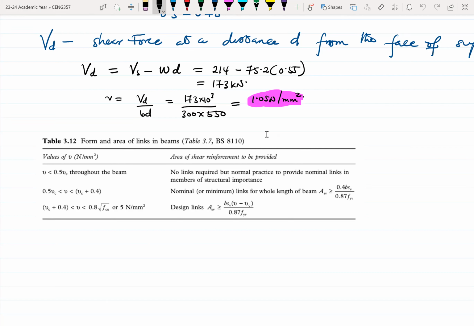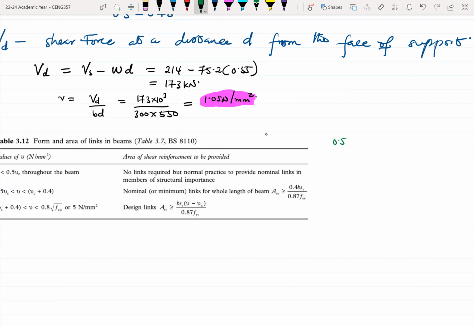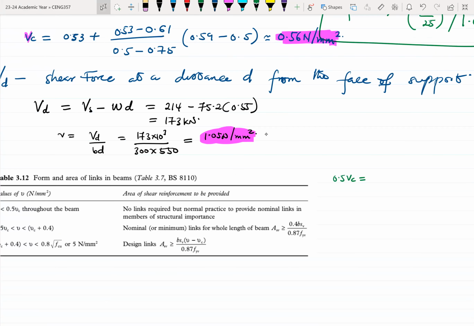Usually this is what I do on the side. So let me do that on the side so that it doesn't interfere with what I'm doing. I find 0.5 VC, and our VC is 0.56. So 0.5 of that will be 0.28, and definitely our V is more than that.